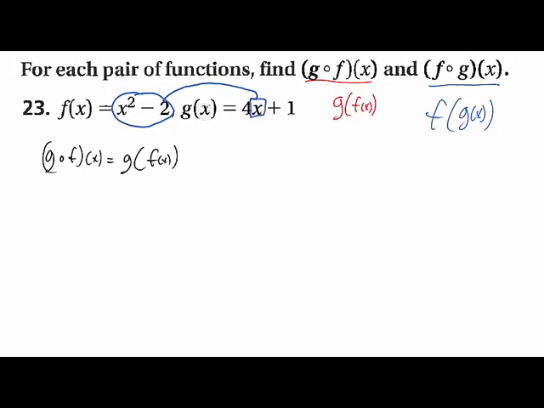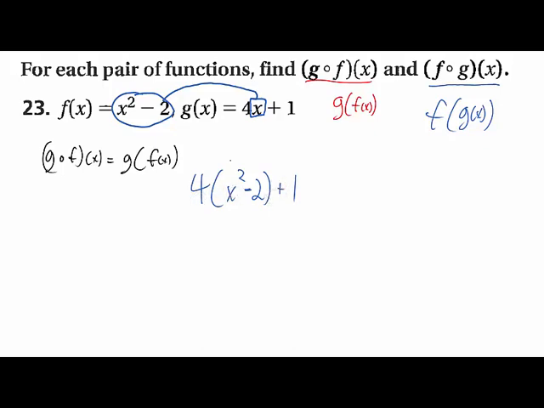G's argument is x, but we're going to feed the output into g's little input variable and then simplify that. So for that one, you write the 4, and I'm going to use parentheses and put the x squared minus 2. I'm feeding that into this space for x, and then I'm going to add 1. This is the correct answer.